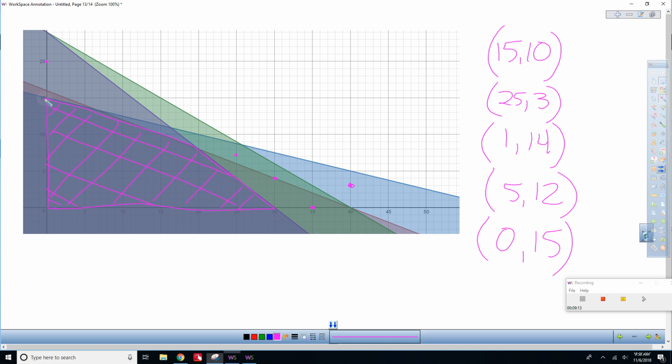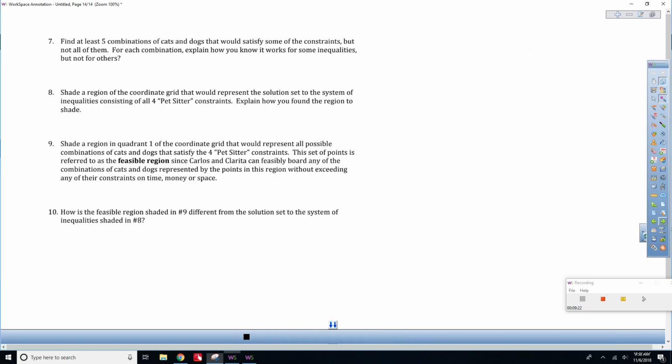The domain is taken into account, meaning we can't have negative cats and dogs. So that's what they're asking you to consider there, is the domain. And hopefully you're starting to really feel good about these inequalities and how powerful Desmos can be. If you've got a TI-84 color, you can do all of this on your graphing calculator.